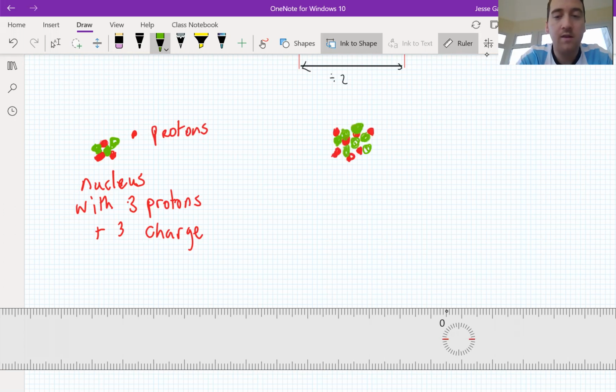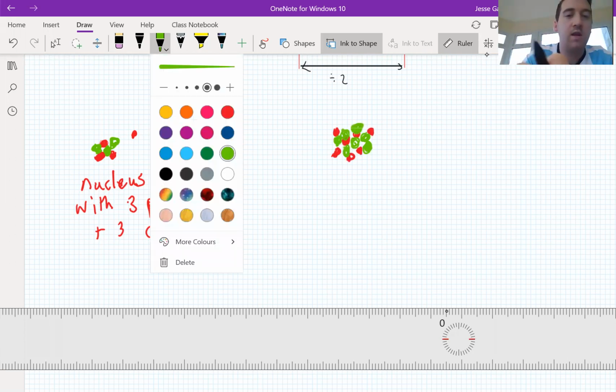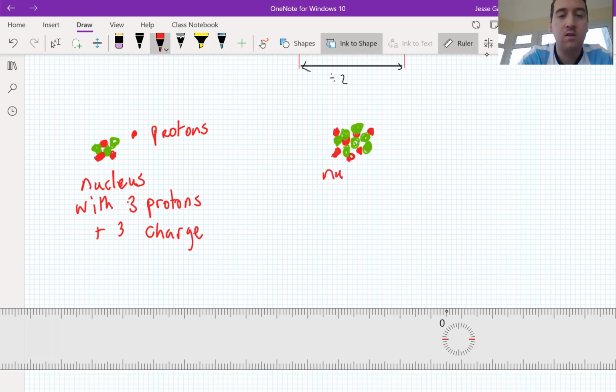Here, 1, 2, there's 7. So 7 protons and 7 neutrons. That's a nucleus with 7 protons. This is a bigger nucleus with more protons. So this is a nucleus with a +7 charge.